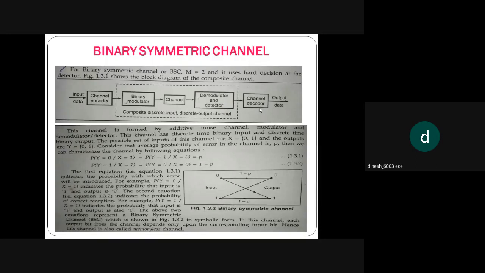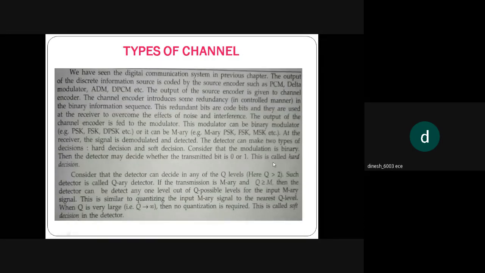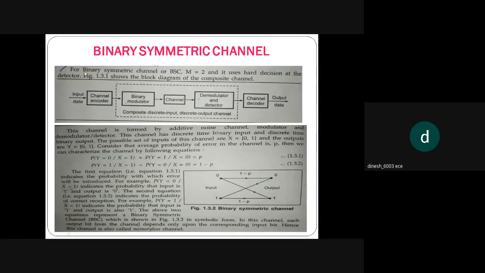Hard decision means transmitting binary zeros and ones. For that, an appropriate detector is used such that we use only binary zeros and ones. So hard decision is used in a binary modulation system, and hence the name binary. So M is equal to 2, having zeros and ones as interpretation.